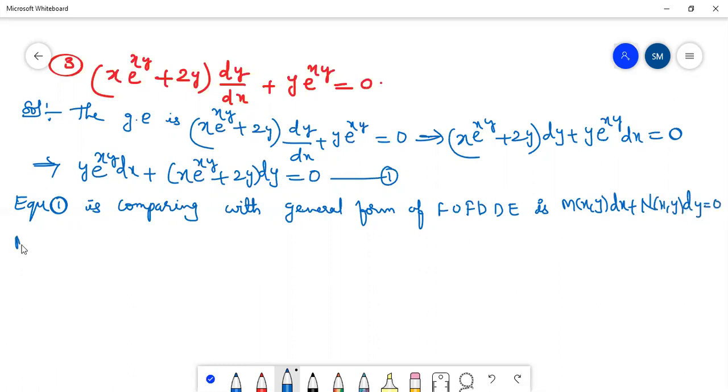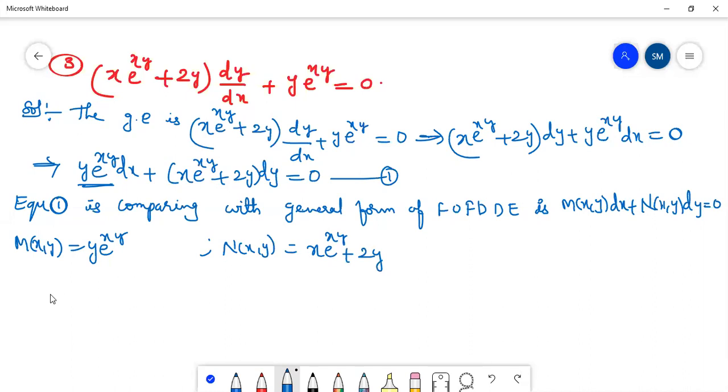Here we can take the m function, m of x comma y equal to the dx coefficient, that is y e power xy. N function, n of x comma y, is equal to x e power xy plus 2y.